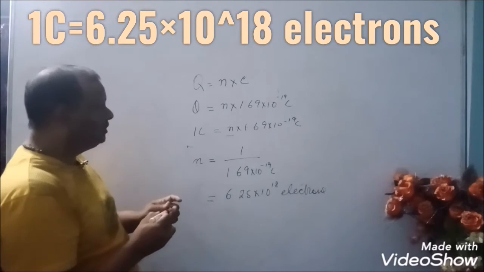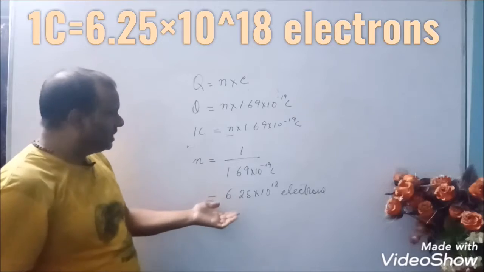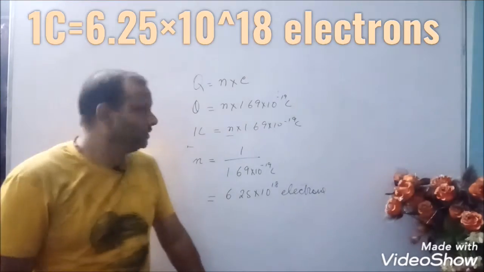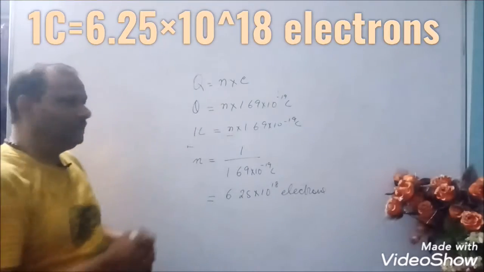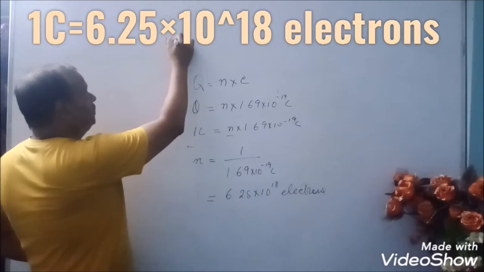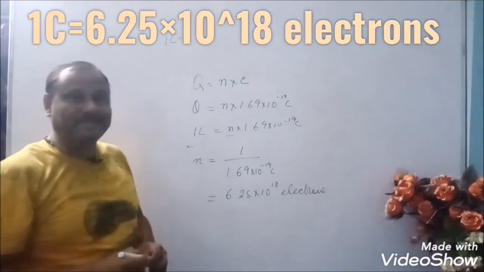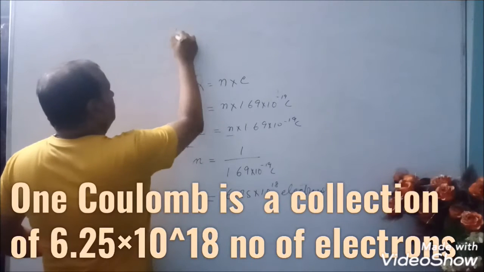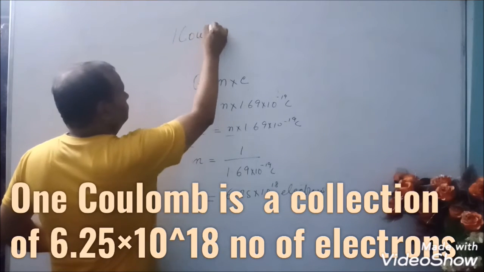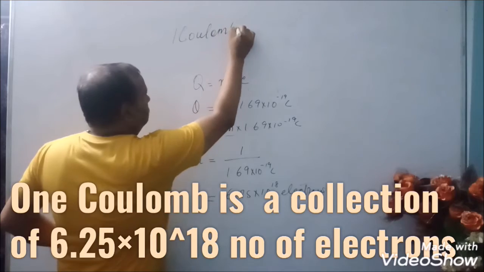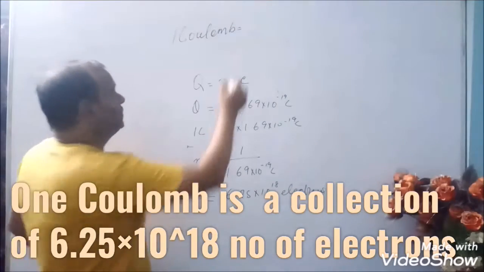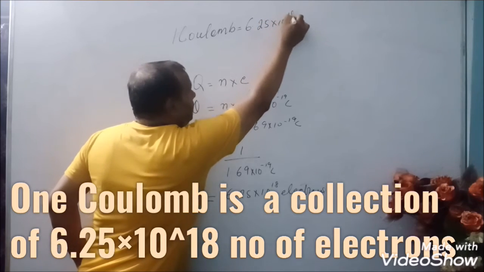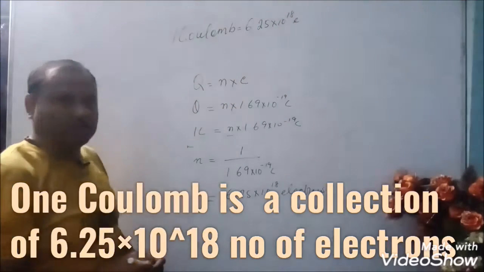So to make 1 coulomb of charge, 6.25 into 10 to the power 18 electrons are required. In short, what is 1 coulomb? 1 coulomb is a collection of 6.25 into 10 to the power 18 electrons.